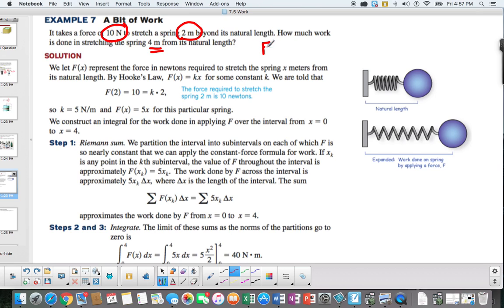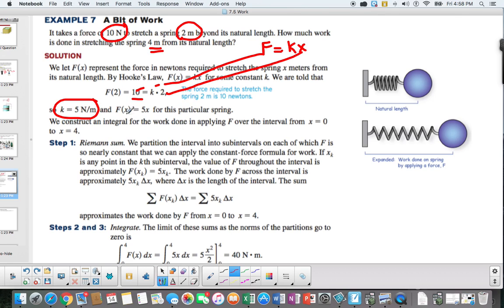Remember, force is equal to k times x. It takes 10 newtons to stretch it 2 meters, and so our constant is going to be 5 newtons per meter.